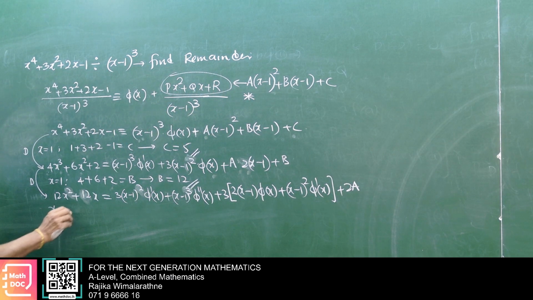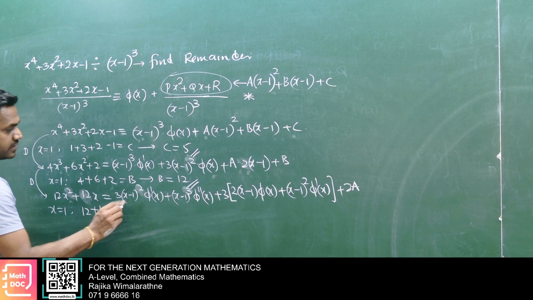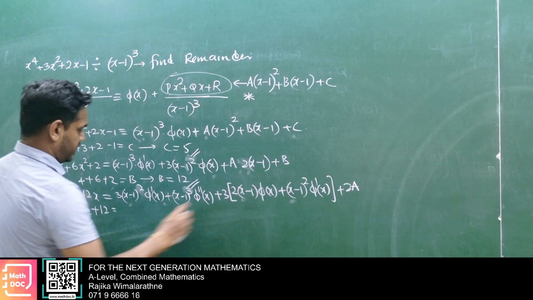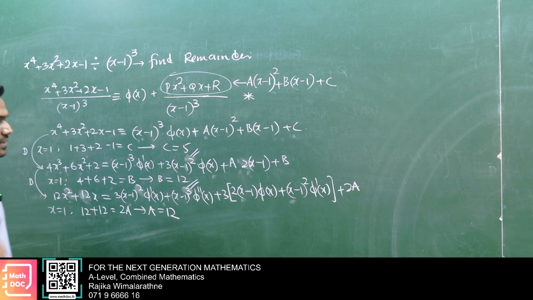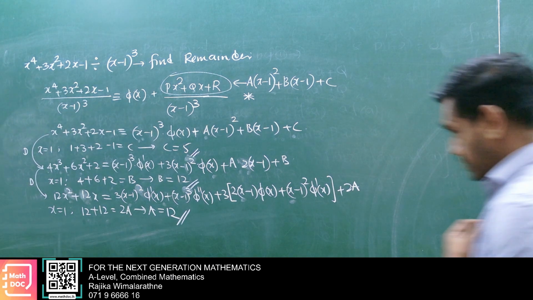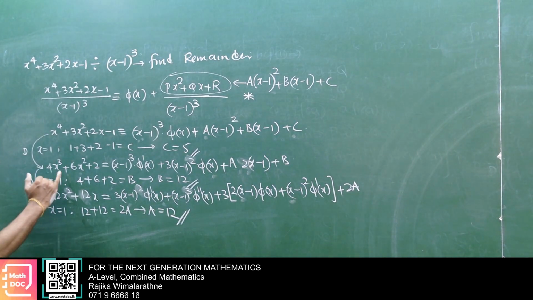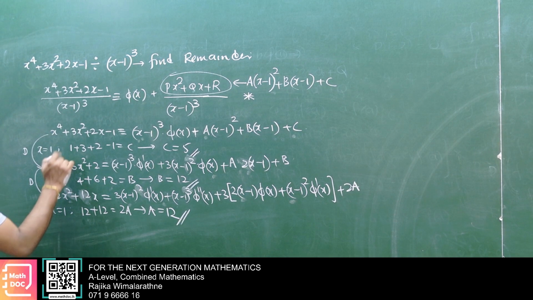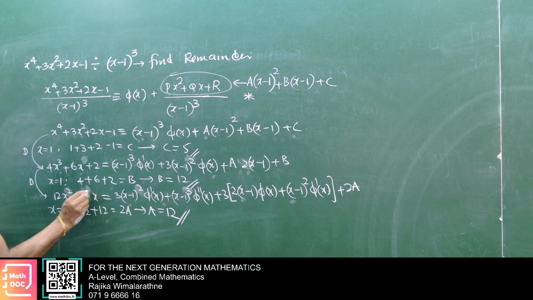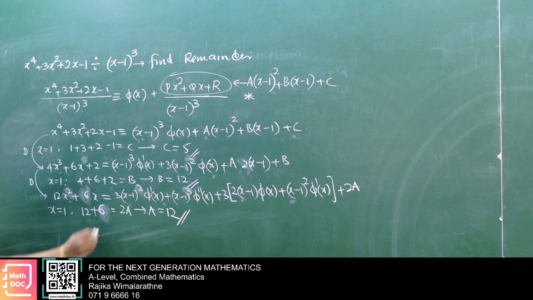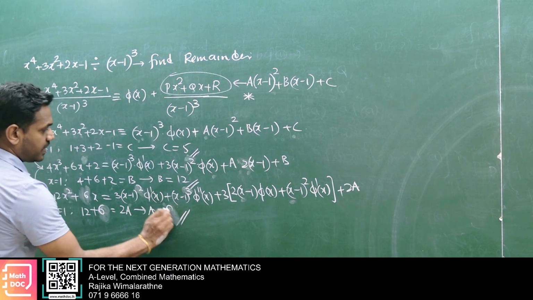Now x equal to 1: 12 plus 6 is 18, the other terms are 0, 0, 0, 0, 2a. Then the a value is 9. The a value is 9. Then a value 9, b value 12, c value 5.